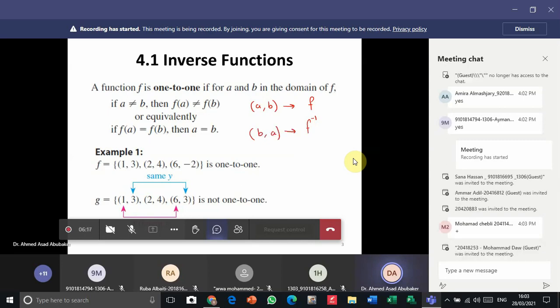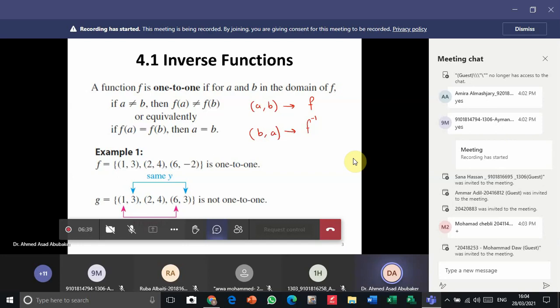This is the inverse function. If the point (a, b), for example (1, 2), belongs to the function f, then (b, a) belongs to the inverse function, denoted by f to the power of -1.